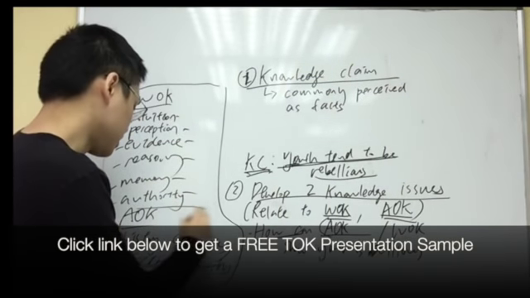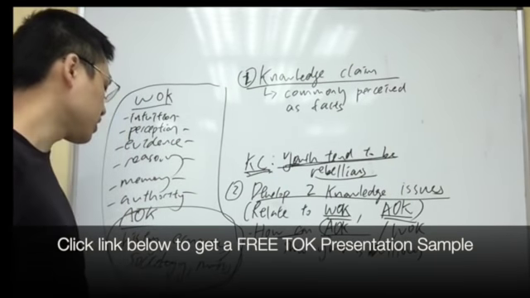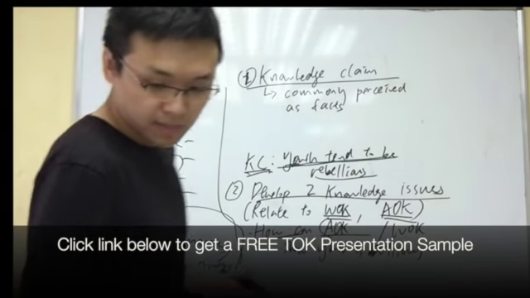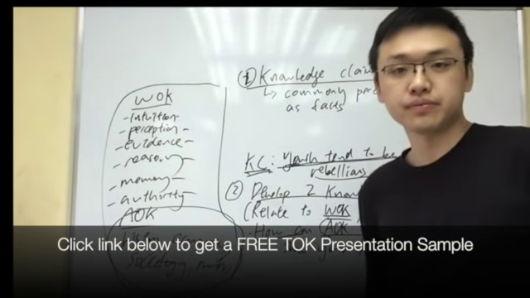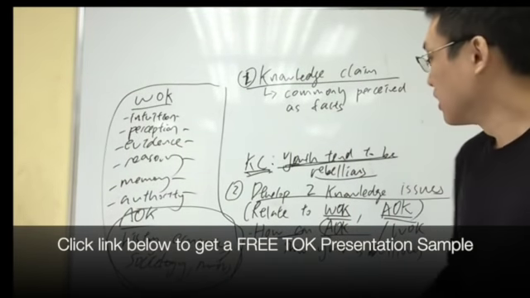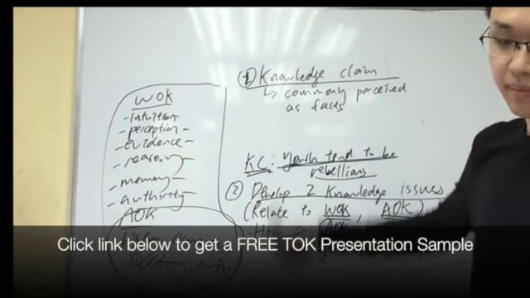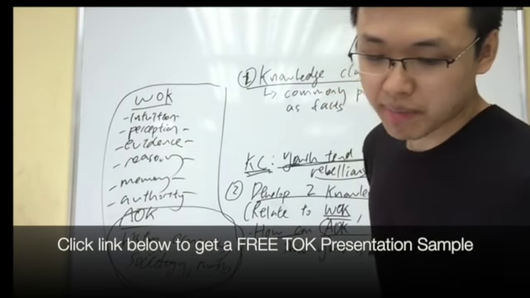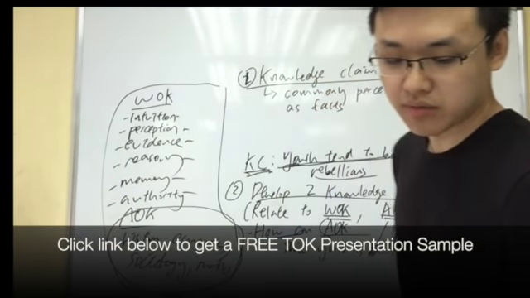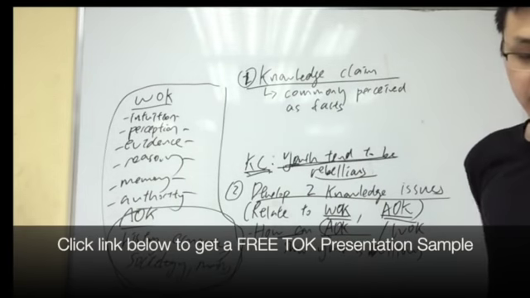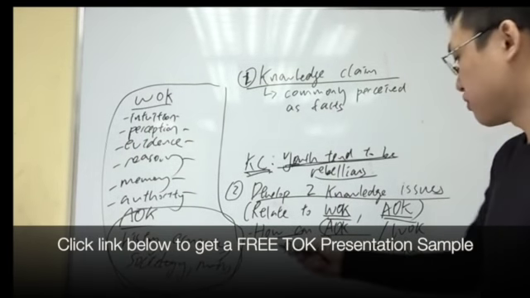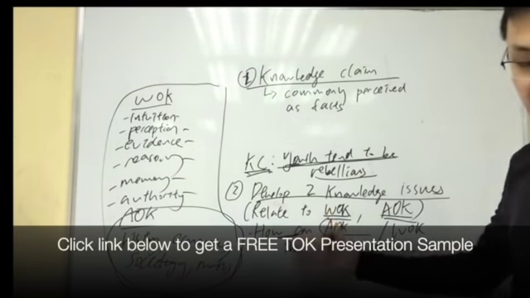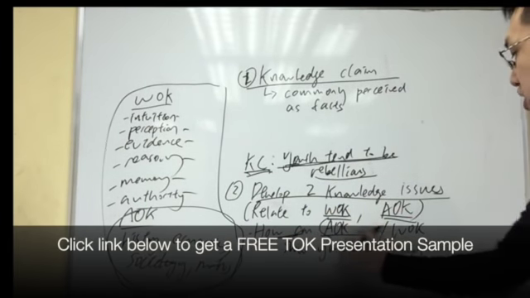And then areas of knowledge are the different subject areas. So you develop two knowledge issues, and you try to test your knowledge claim. For example, going back to the example of youth tend to be rebellious, the knowledge issue is always framed like this: how can A and B show youth is rebellious?